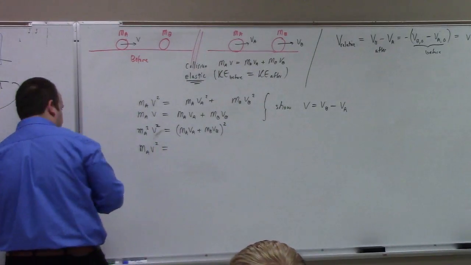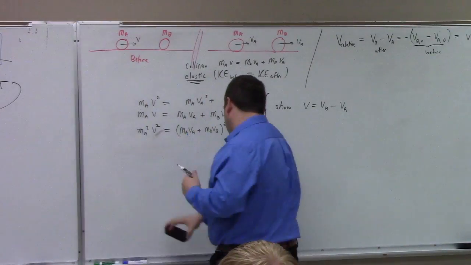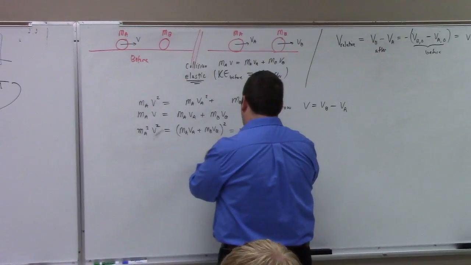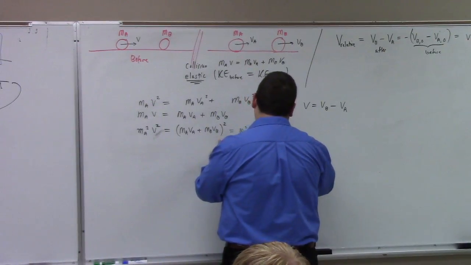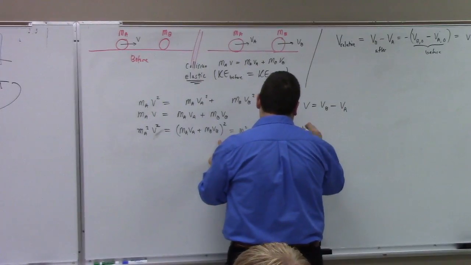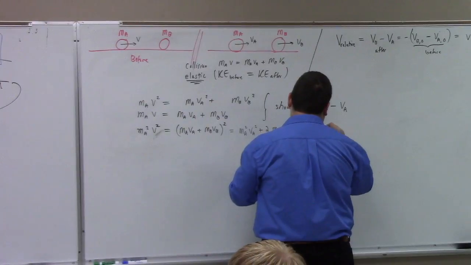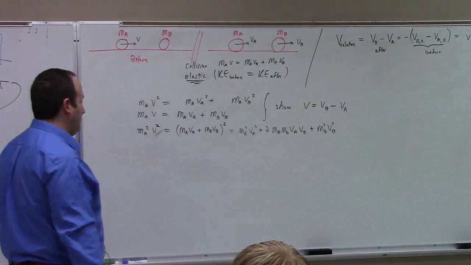I should actually square that out. So if we square this out, what do we get? We get ma squared va squared plus 2 ma mb va vb plus mb squared vb squared, right?